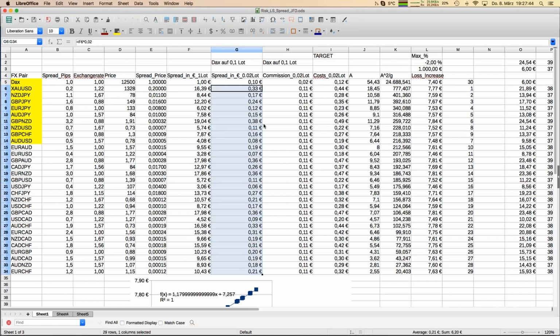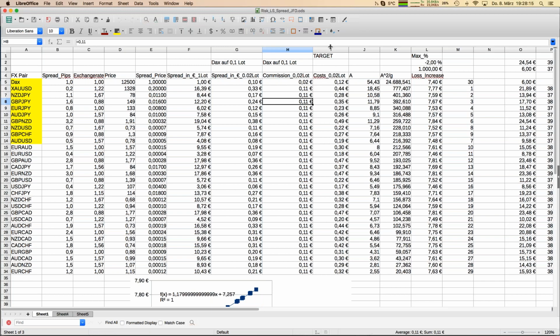The only one I calculated a little bit differently was the DAX, because for DAX the minimum lot size is 0.1 lot and the commission is different. The commission for a DAX trade with 0.1 lot is just 2 cents. So you have one column with all the spreads already in euro, and then the commission.